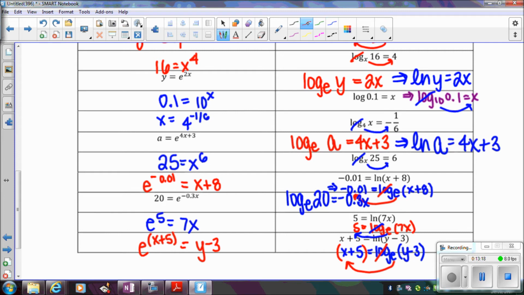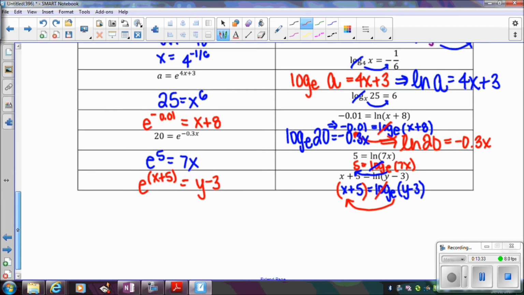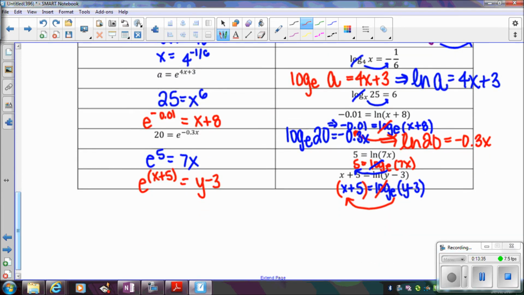And then instead of log base e, we could rewrite this as ln of 20 equals negative 0.3x. So that's just really converting between the two different forms, just using that formula. And then basically for going from exponential to logs, I just kind of talk through it, but really I'm just using the formula from up top on this page.